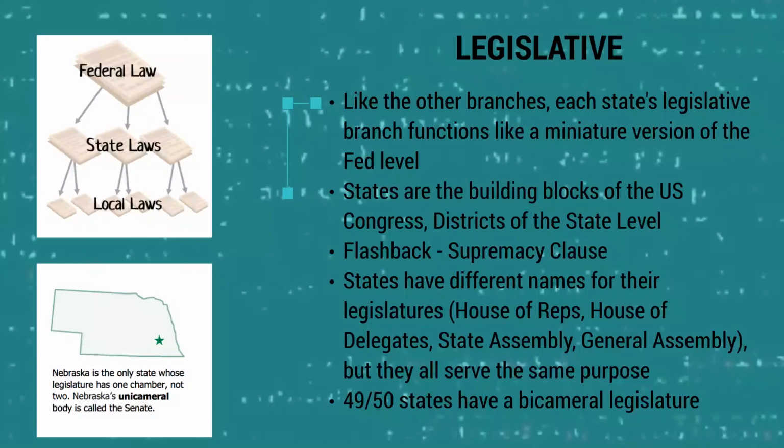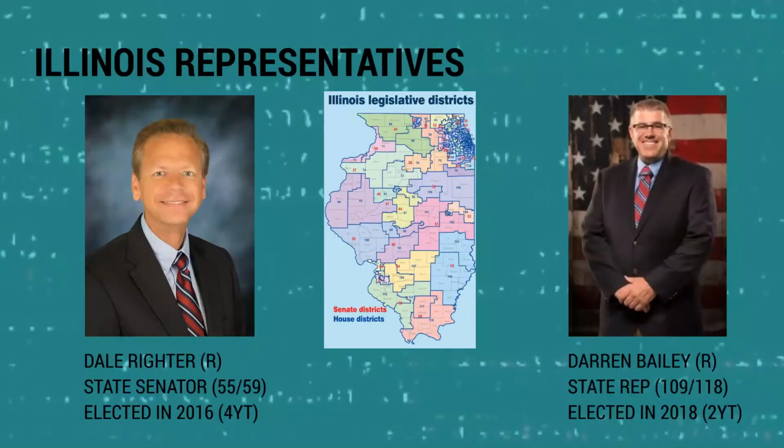49 of 50 states have a bicameral legislature. You can see it over there on the left. Nebraska is the only state whose legislature has a unicameral or one-chamber legislature, and they call theirs the Senate. So you see our current representatives.